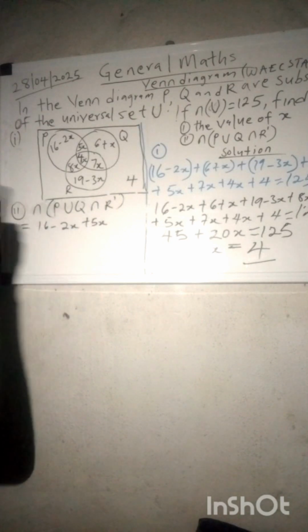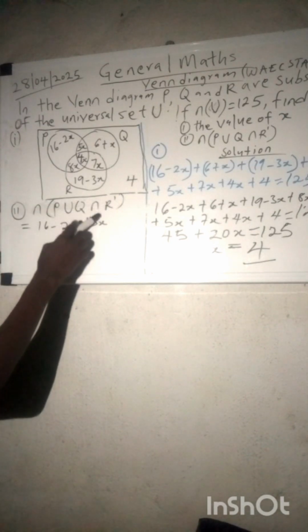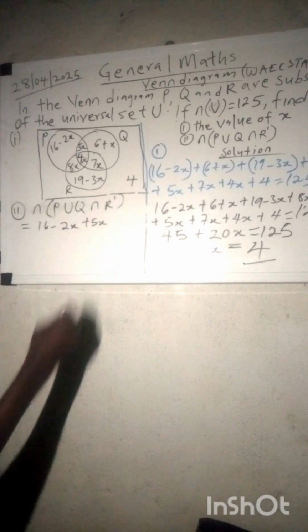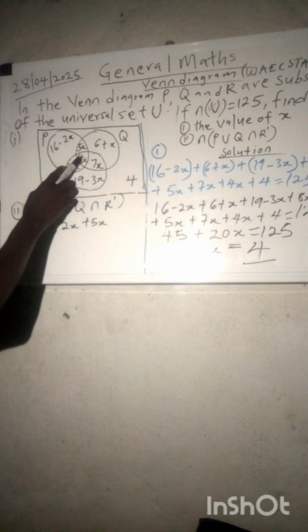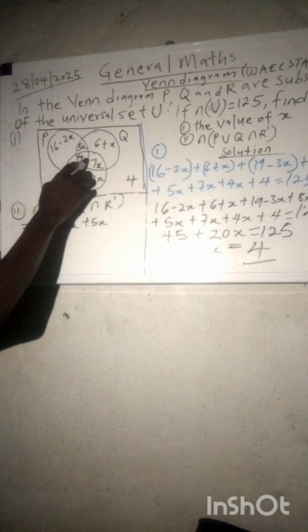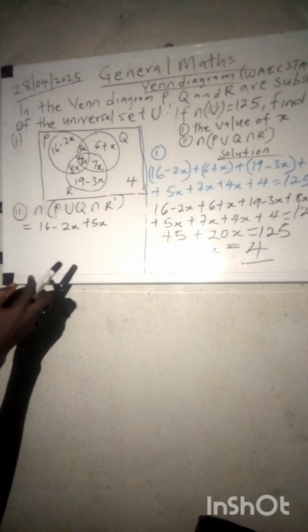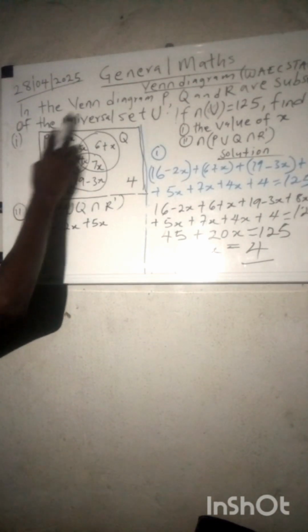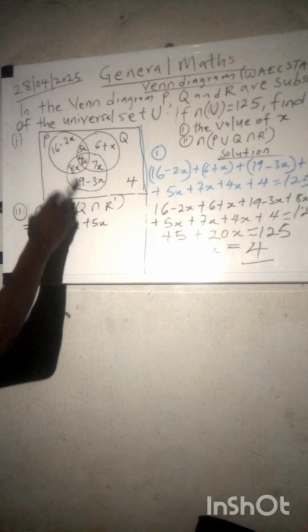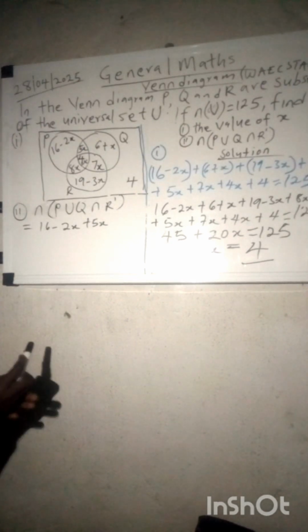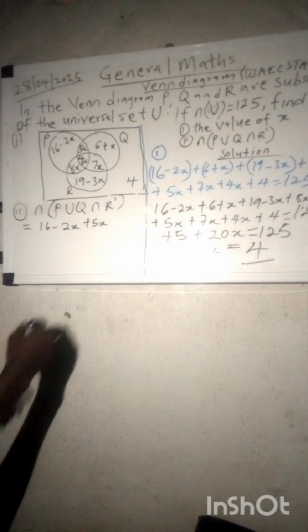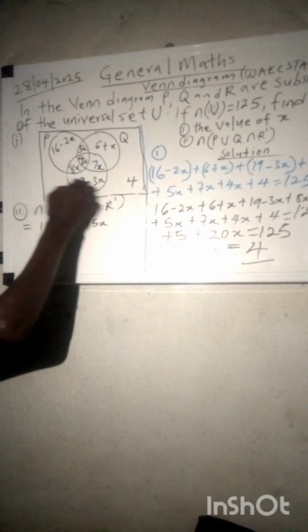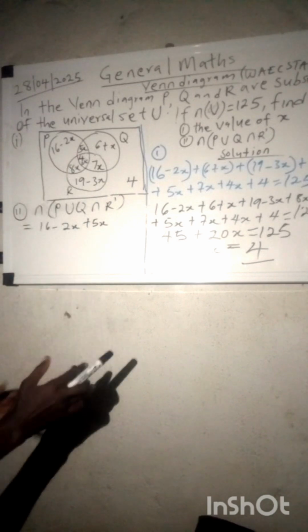Then we also talk about the intersection of R prime. If we were looking at the intersection of R, I would have written 4x because 4x is common with set P, Q, as well as R. But now they ask us to find out R prime, which means that what is not in set R should be the answer.